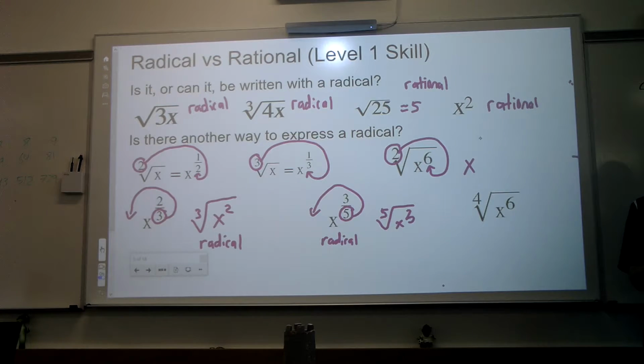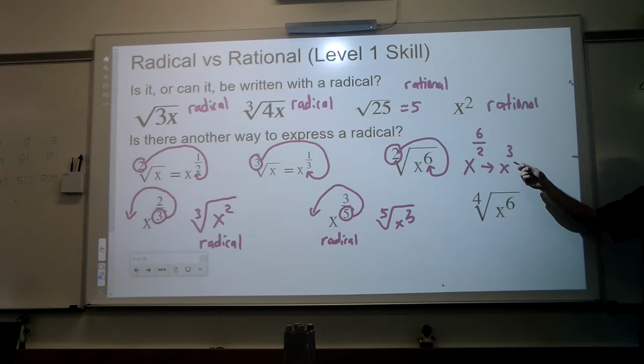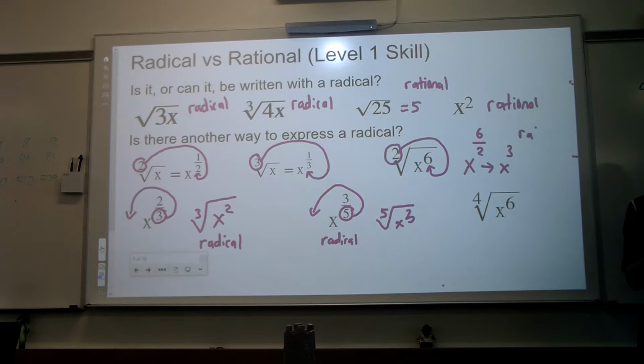X to the 6 over 2. Yeah, and what does 6 over 2 simplify to? This is 3. Hey, it just became a 3. Is there any square roots here? Anything that could be a square root? Nope, so we're just going to call that rational.